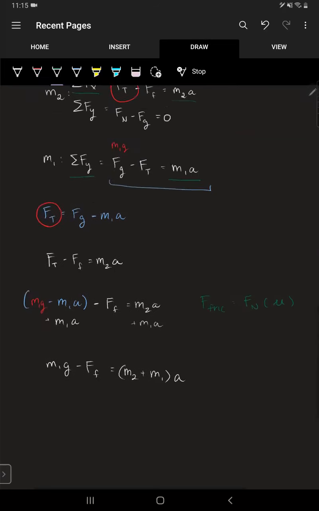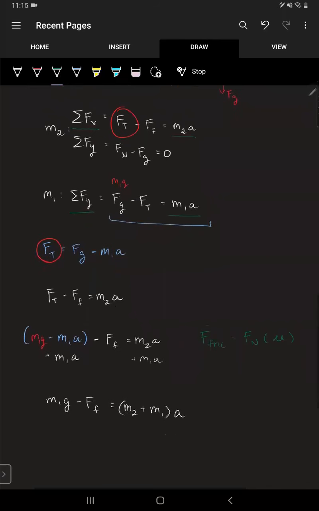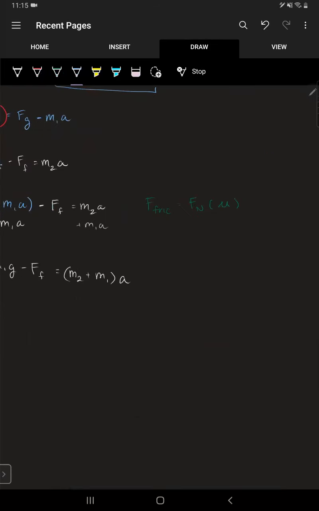We also know that the normal force is right here. And the normal force, if you rearrange this equation, you can set the normal force equal to Fg, which is also M2g. Right? So now we know the normal force is equal to M2g, which means that force of friction is M2g times mu.